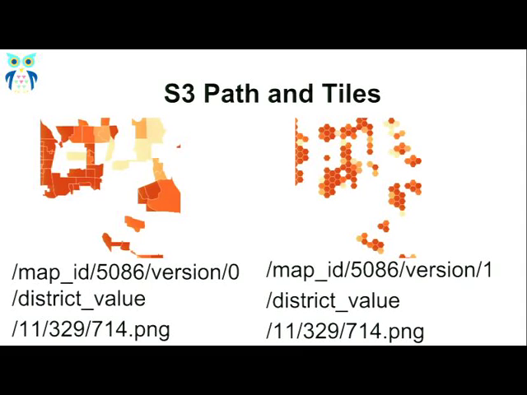So approximately how many tiles per version are you caching? It totally depends on whether somebody logs on and zooms in or not, and how often somebody changes the map. If this is static data that a lot of people have access to, there could be hundreds and hundreds of tiles of this map.